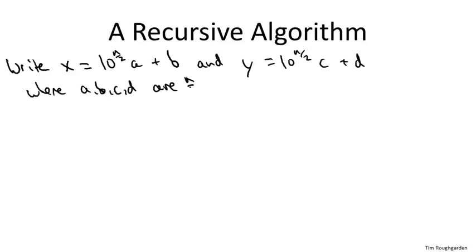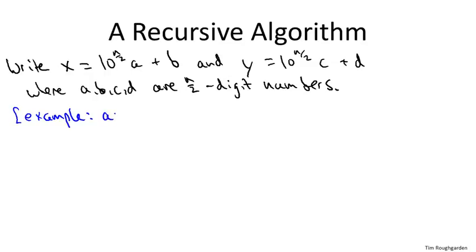This would extend to the case where n is odd in the natural way, where you break it into n over 2 rounded up and n over 2 rounded down. So in our previous example, where x was 5678 and y was 1234, we would have a equal to 56, the first two digits of x, and b would be the other two digits, and then similarly for c and d, being a decomposition of y.